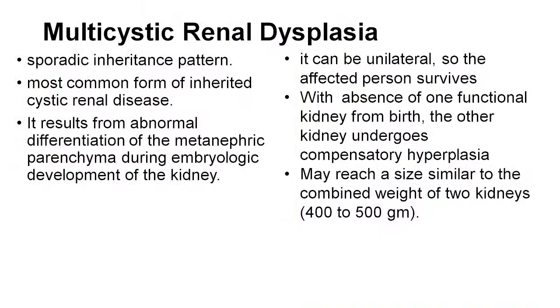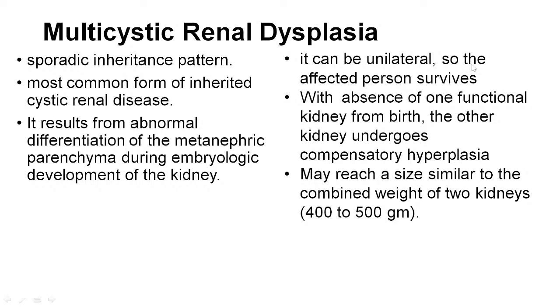Now, we will go to the second entity. Here multicystic renal dysplasias are there. These are of sporadic inheritance pattern, the most common form of cystic renal disease. It results from abnormal differentiation of metanephric parenchyma during embryonic development of the kidney.